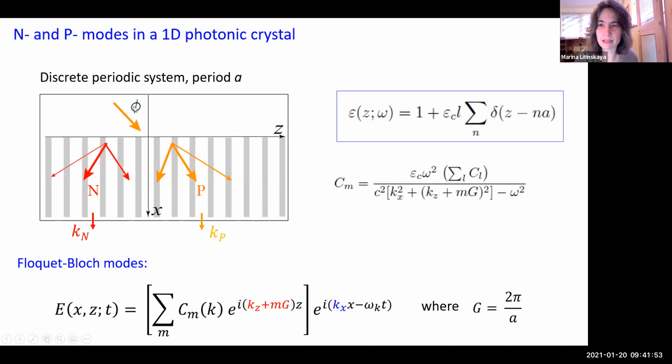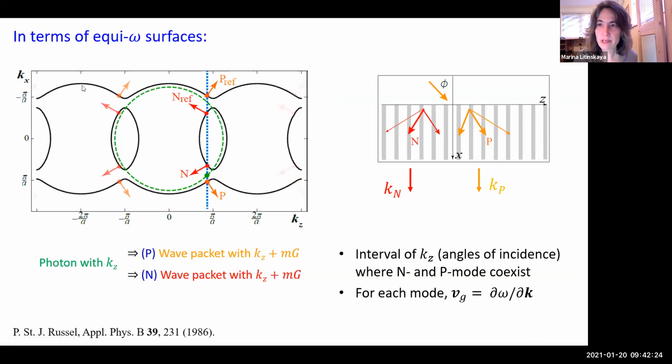So kz is the same for the incident photon for all these modes, but due to periodicity, there are different harmonics, 1, 2, 3, etc. And they differ by integer numbers of 2 pi over the lattice constant wave vectors. And at certain angles of incidence, you can have two such wave packets, one negatively refracting, one positively refracting, as shown here.